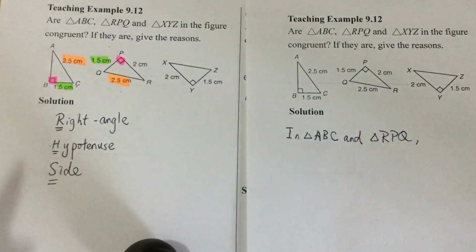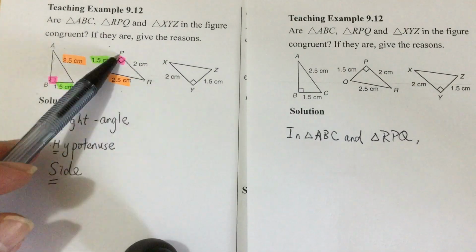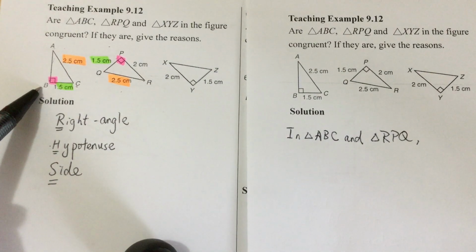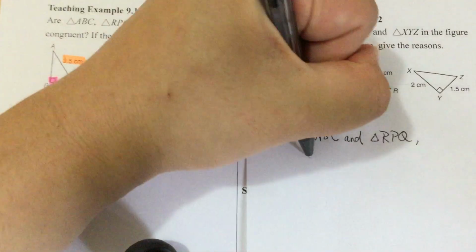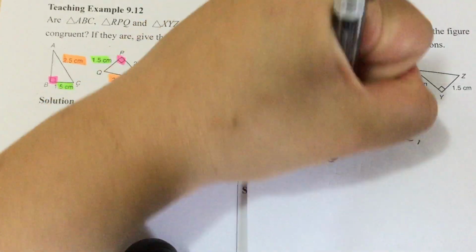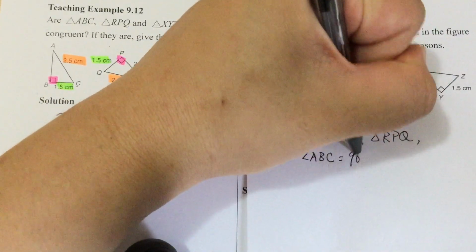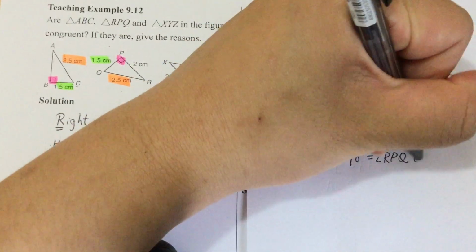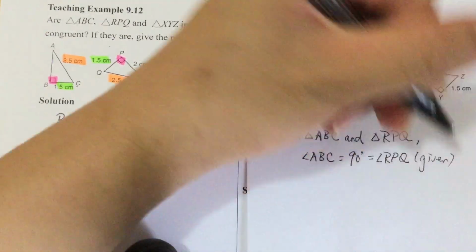Now we have the right angle. A right angle must be 90 degrees, so you must show it first. Angle ABC is equal to 90 degrees, equal to angle RPQ, given.